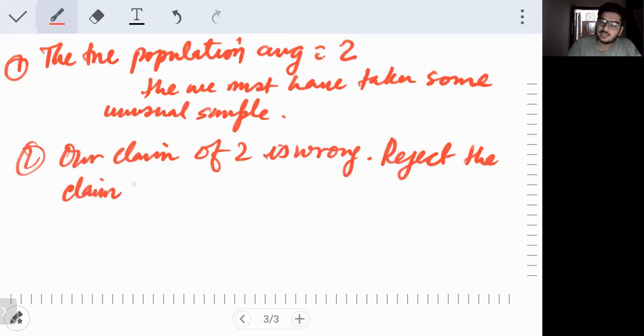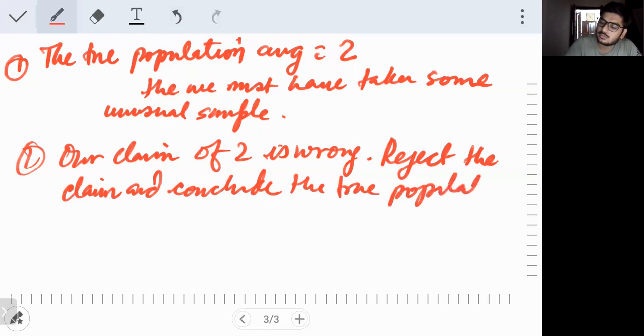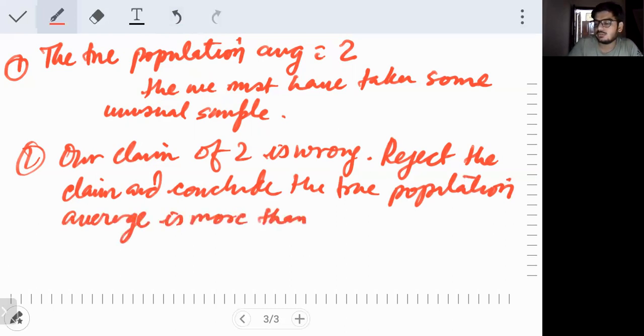And we'll conclude that the true population average is more than 2, right? So these can be the two conclusions.